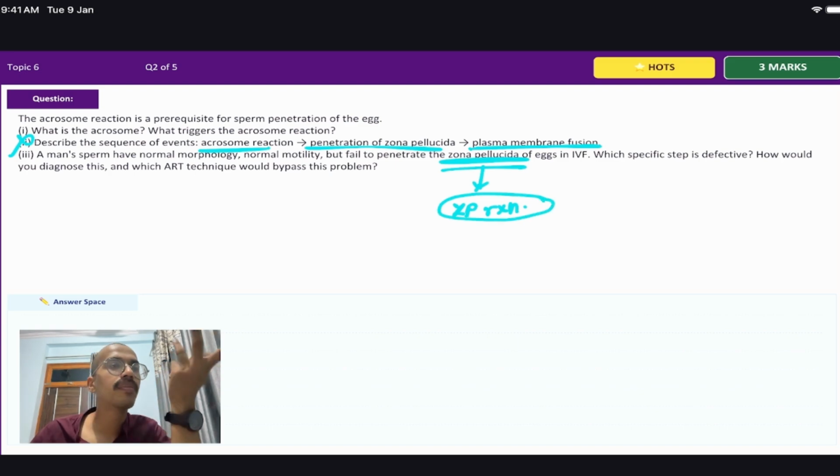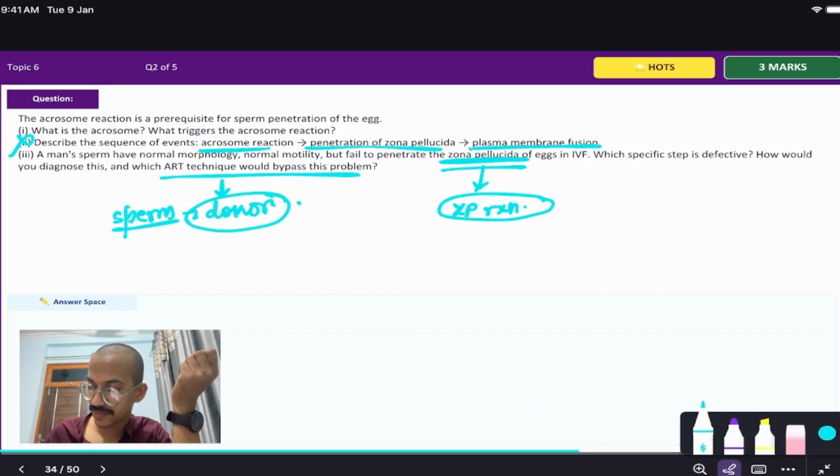So probably there could be incompatible sperm, that could be one of the reasons. Or the acrosomes do not have all the enzymes, not hormones but enzymes. And which ART technique can we use to bypass this? We have to take another sperm, so from a donor we can take it.